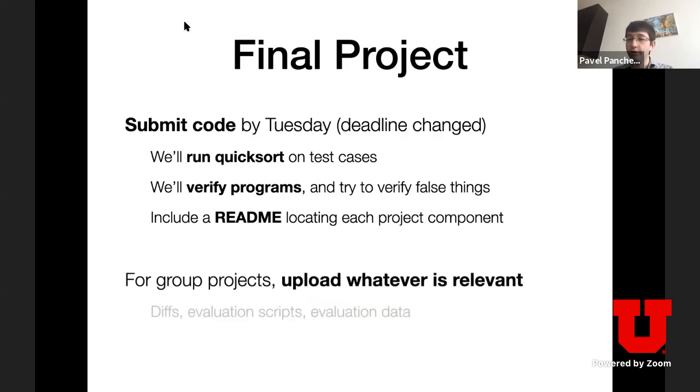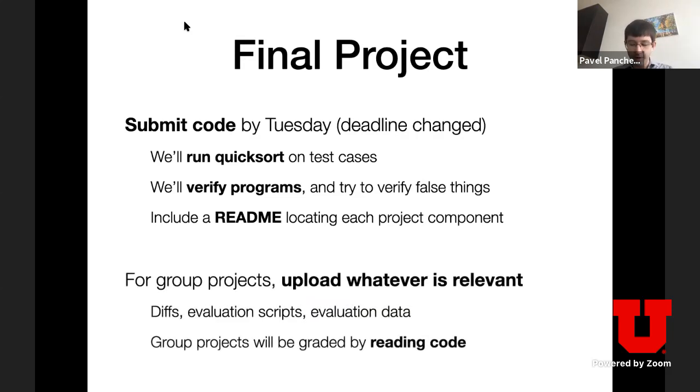If you're doing a group project, it's a little tougher to answer the question of like what exactly you should upload, but you should think about your project. Basically, we're looking for you to upload whatever it is that you did, whatever's relevant to your group project. So this might be a diff, it might be a branch you submit to an existing project, it might be a set of experiments you've run, it might be any of these things.